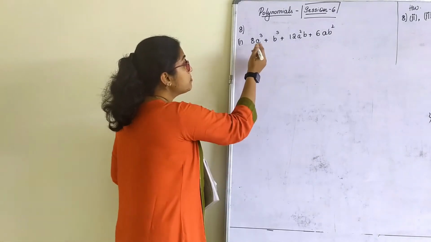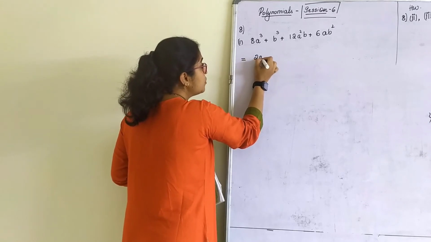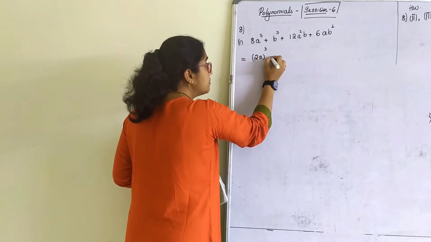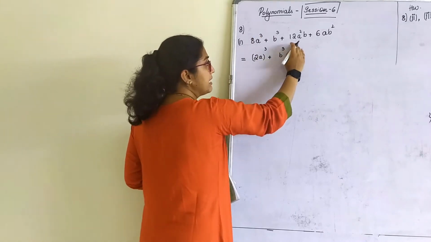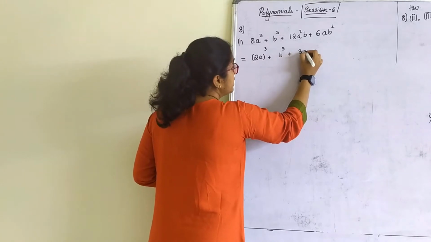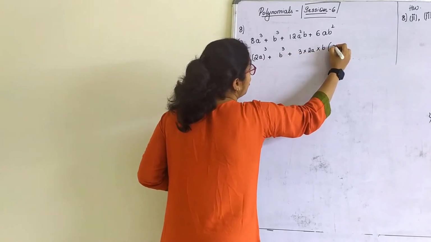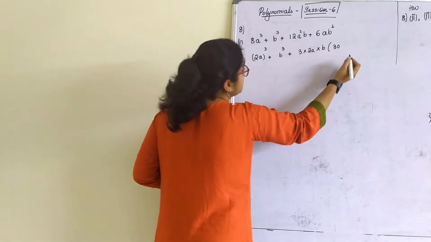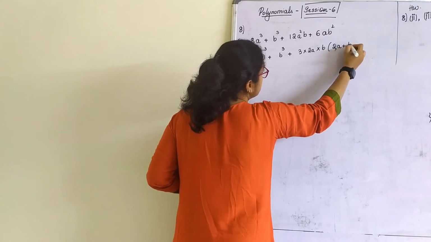So how are you going to split this? 8a cube can be written as 2a whole cube plus b cube. Using the formula, we write the rest as a product: 3ab, that is 3 into 2a into b, of 2a plus b.